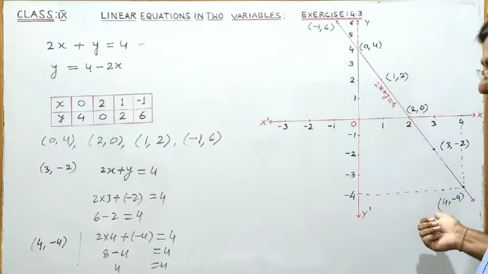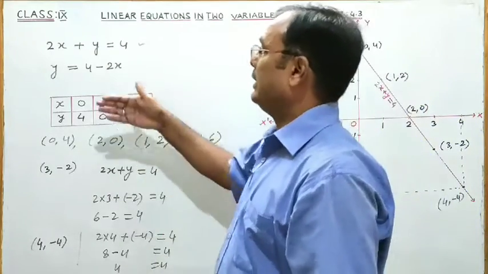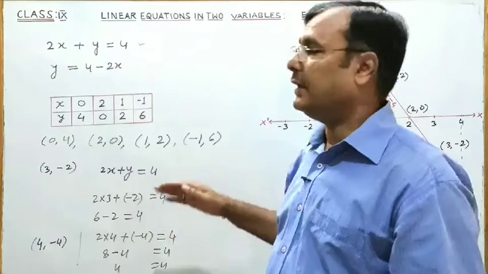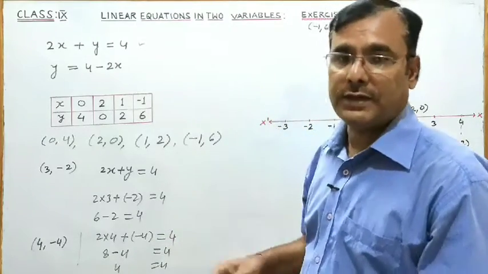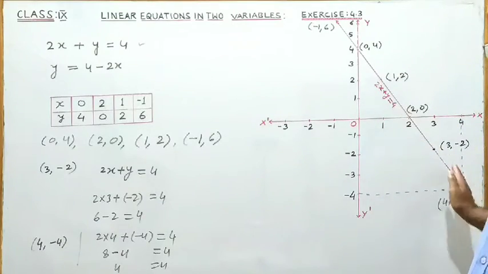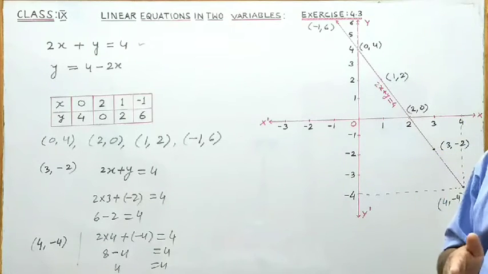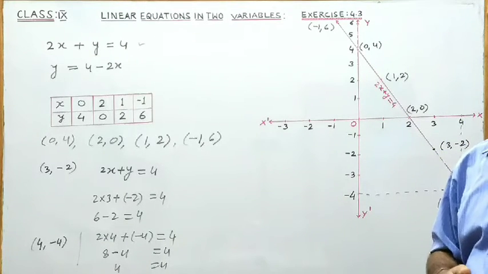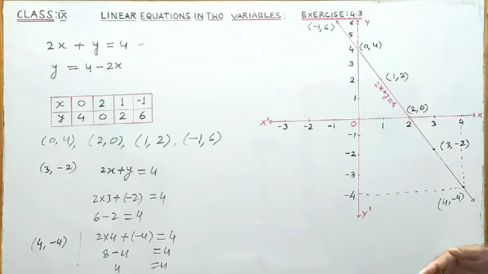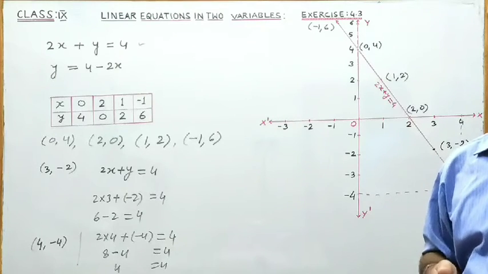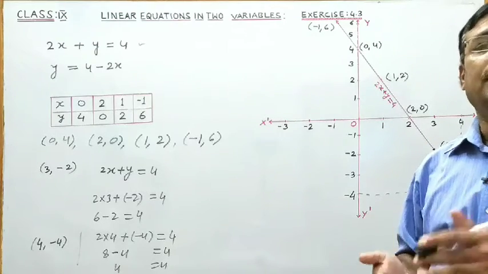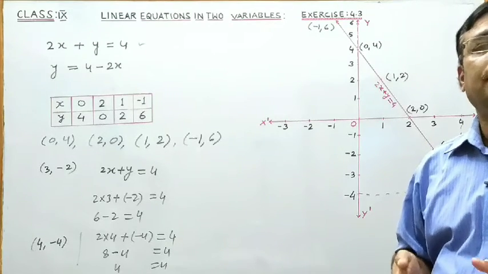So on the basis of this we can say that all other solutions of this linear equation will also lie on the graph of this linear equation. Hence finally we conclude that all infinitely many points lying on the graph of a linear equation are solutions of the linear equation, and also all infinitely many solutions of a linear equation in two variables always lie on the graph of this linear equation.